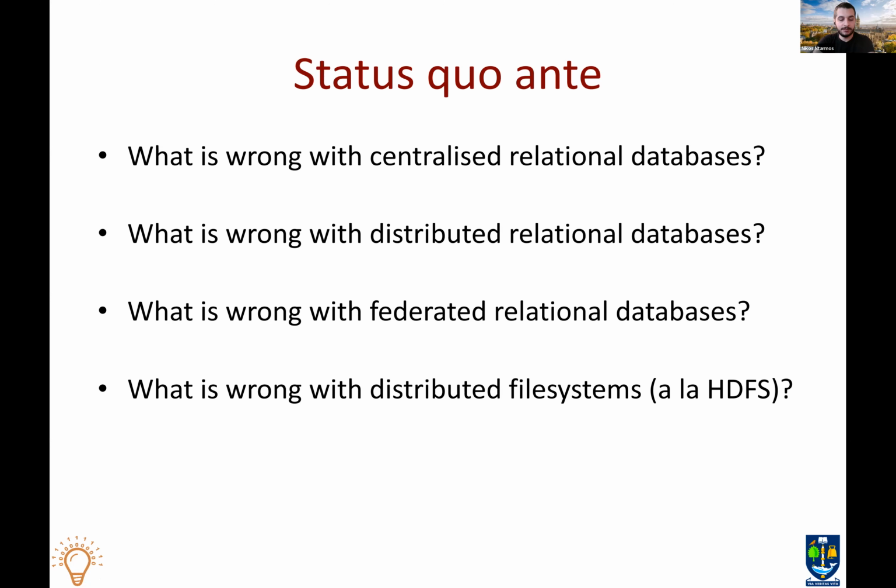They are designed to offer, they are pretty much CA systems, right? Highly consistent and highly available. But if something goes wrong, they cannot sustain any. They don't really do partitions, because this is a centralized scenario.